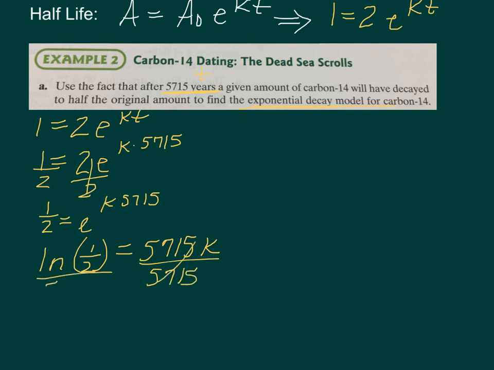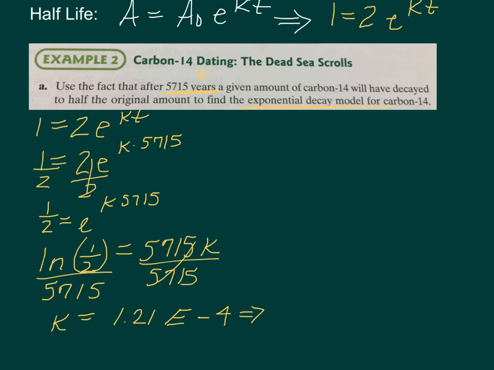And what's going to happen is this number is very small. So it's probably going to be written in scientific notation. So it's going to look like 1.21, and then you'll probably see an e to the -4.